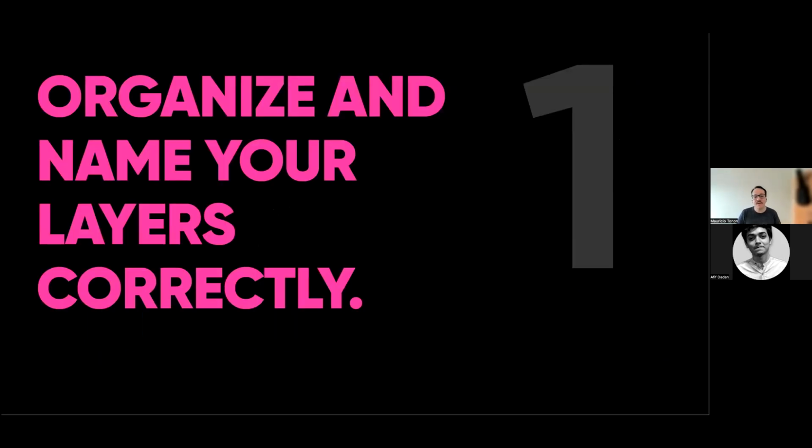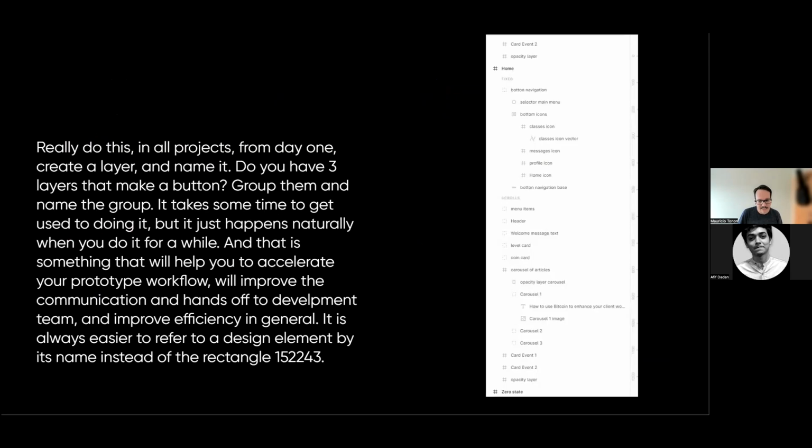So the first thing is organize and name your layers correctly. Here on the right side, you can see an example of how an organized and well-named file should be. I purposely cut off the components so you can see how it works, and especially because most of the prototyping tools like Principle for Mac or Flinto don't really look well with components.